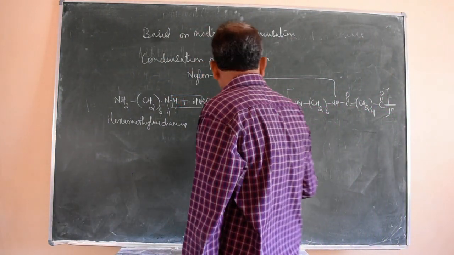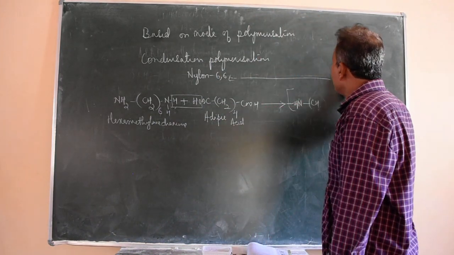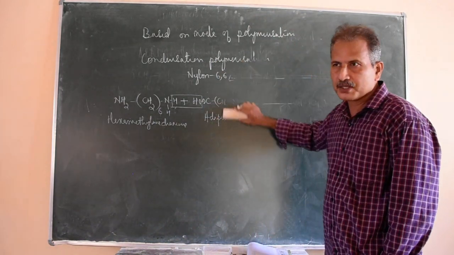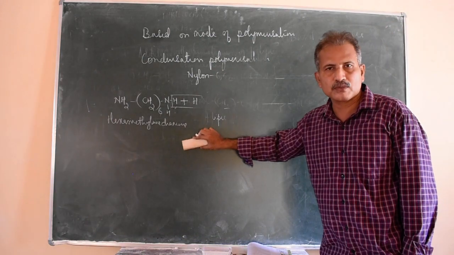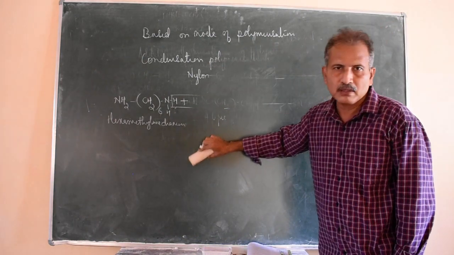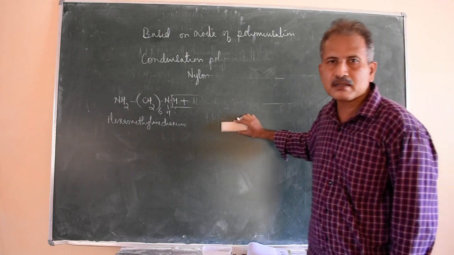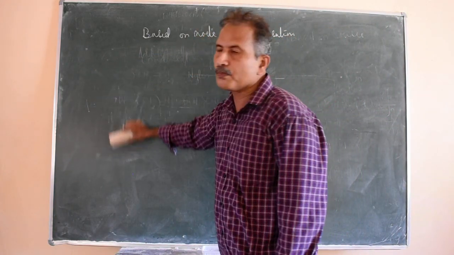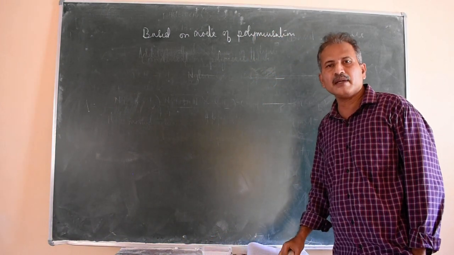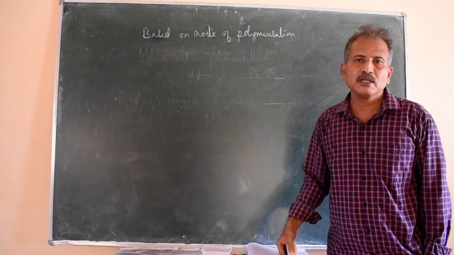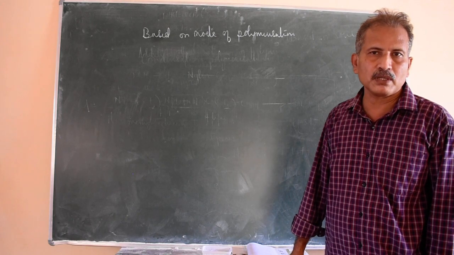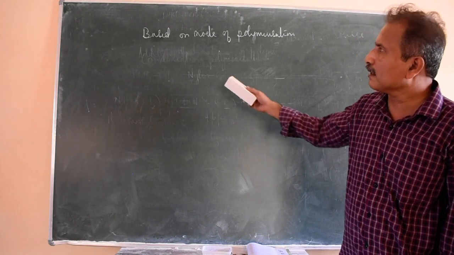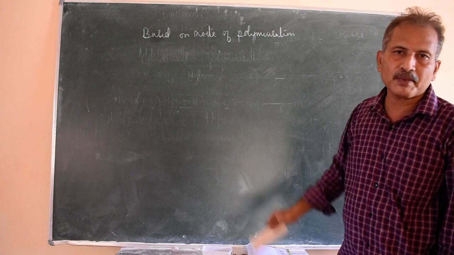Okay. So now we have seen three types of classification. First one based on source. There you have natural, synthetic and semi-synthetic. Then the second classification was based on their structure. There you had linear, branched, and then the third one, cross-linked or network polymers. Then the third classification based on mode of polymerization.